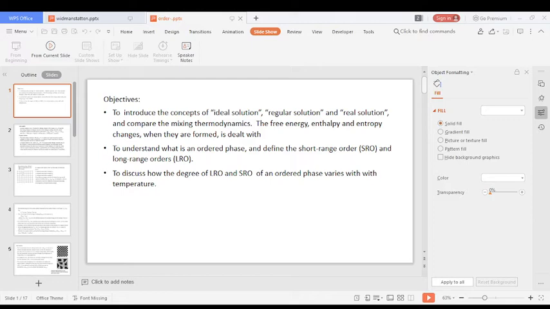The internal energy of a solution can be determined by the number of bonds of each type, which we designate as PAA, PBB and PAB. So the internal energy is essentially the potential energy by virtue of the bonds. This is the sum of PAA multiplied by HAA.